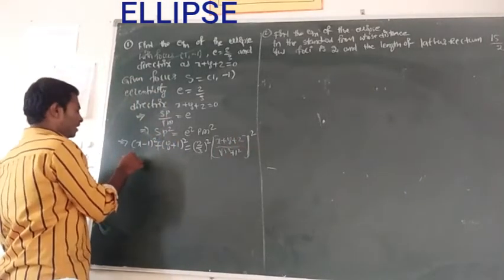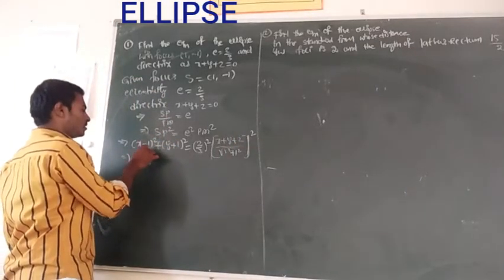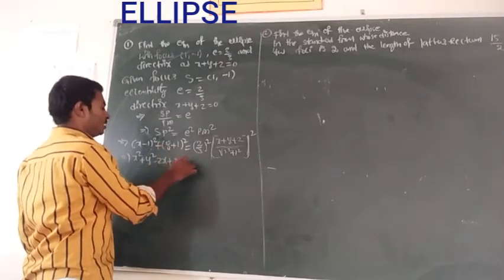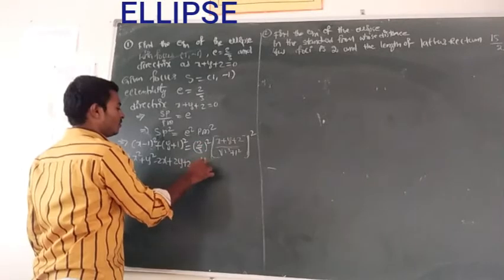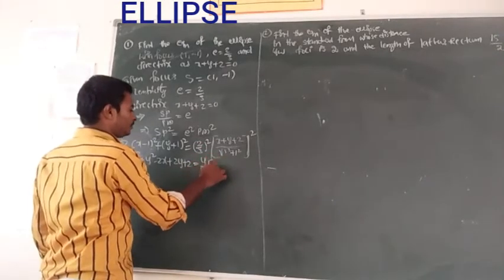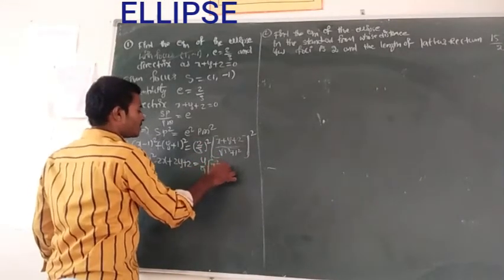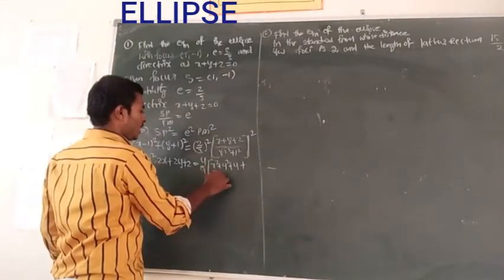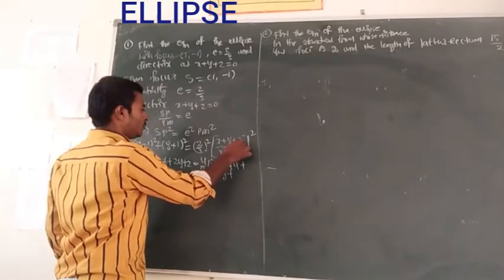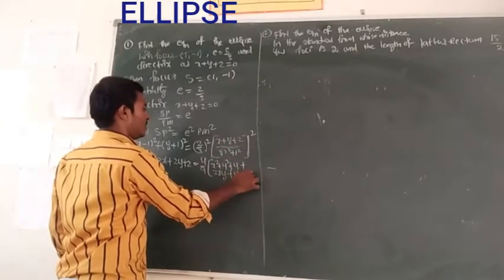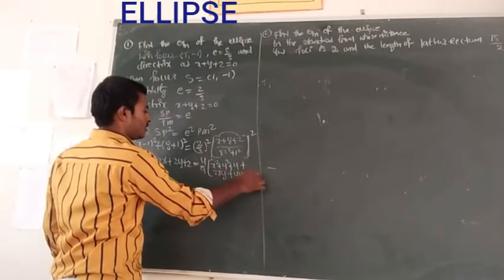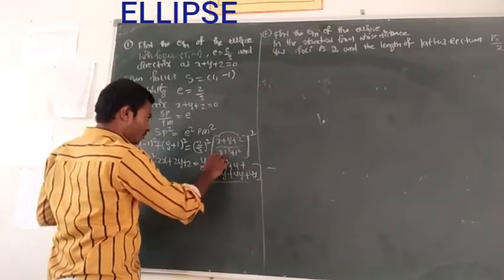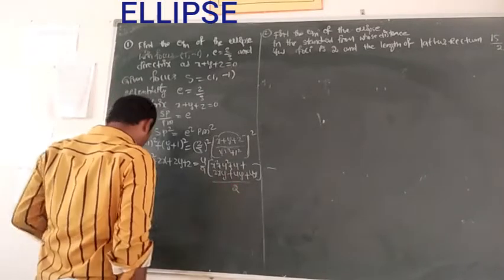Now from this, x square plus y square minus 2x plus 2y, 1 plus 1 is 2, equal to 4 by 9 times x square plus y square plus 4 plus 2xy plus 4y plus 4x. These are the (a plus b plus c) whole square terms, and here the square root of 2 whole square cancels, we get only 2.